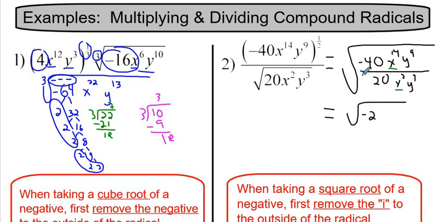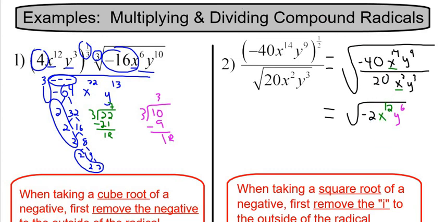So that x right there is squared, and this x is to the 14th, so 14 minus 2 would be x to the 12th. And then the y's, you have 9 minus 3, so that would be 6. If you ever need an explanation for that, it's very similar to the circling method. If I were to write out 9 y's and then 3 y's here, I would cross out 3 of them, leaving me with 6 of them.